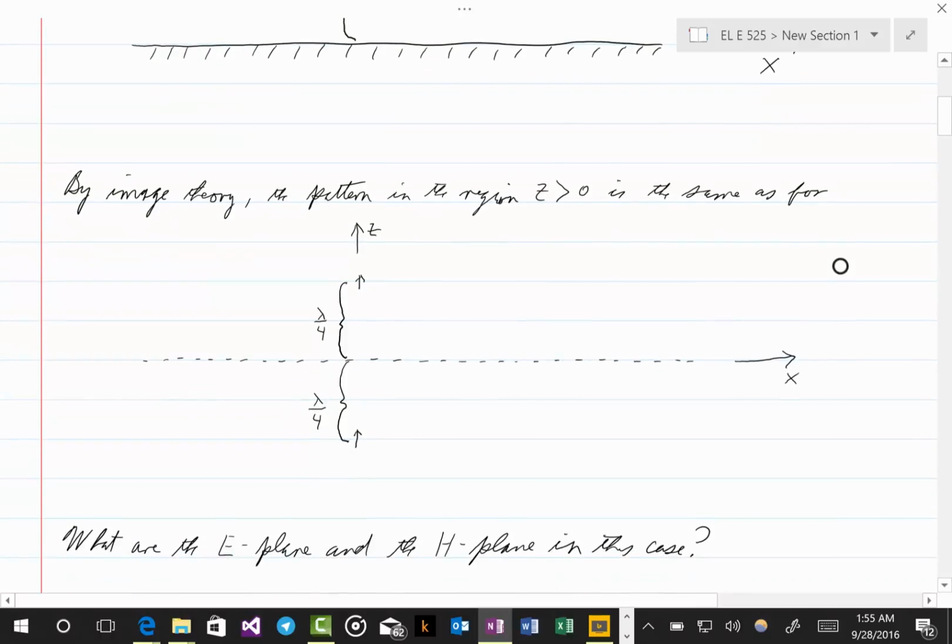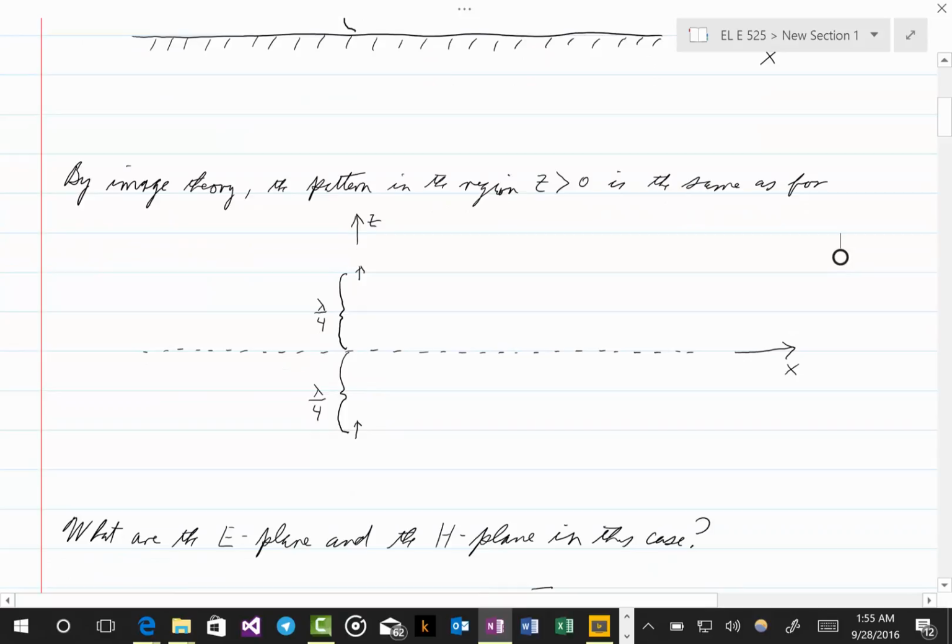So let's proceed with our analysis. When we use this array theory, the idea is that we want to find an element pattern and then the array factor and multiply those together to get the complete pattern for the array. That's the idea that we will be following as we proceed.